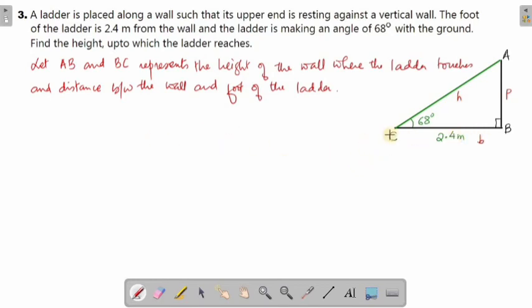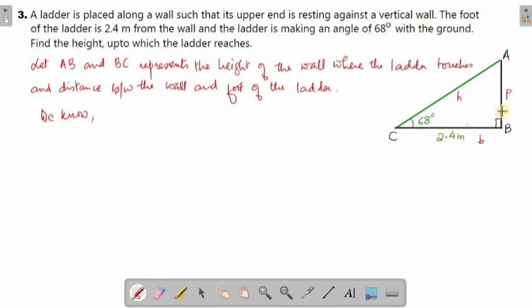Okay, now if you look at this triangle, we'll make use of the sides which are asked here and which are given here. So perpendicular is asked, you have to find perpendicular, and what is given?